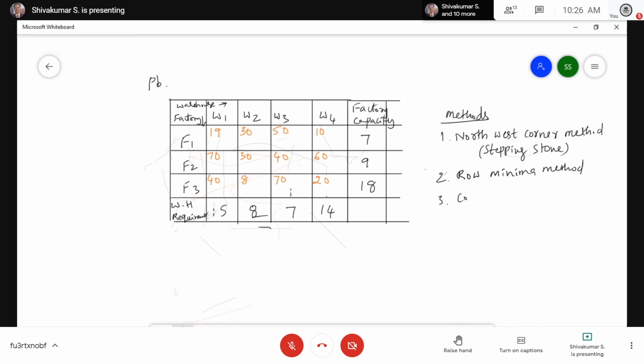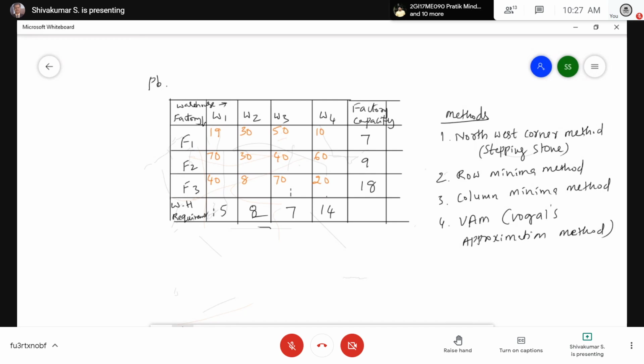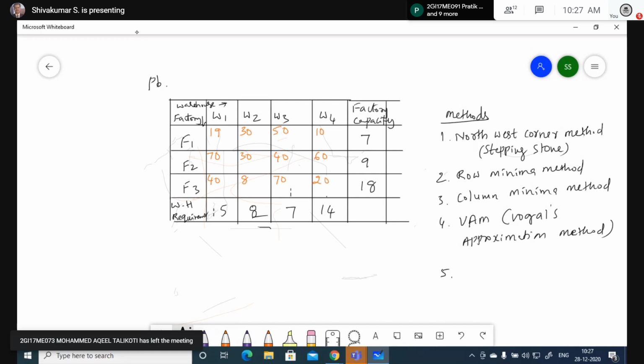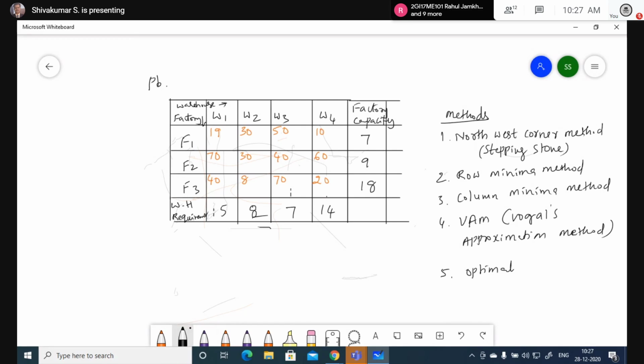The third one is the column minima method. The fourth one is Vogel's approximation method, called VAM. And lastly, the optimality test.